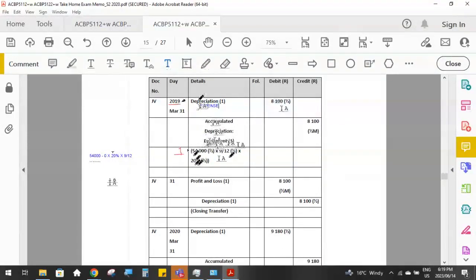And take note also, your accumulated depreciation account must include the name of the category of asset that you have depreciated. You can't just write accumulated depreciation, because we've only got one expense account for depreciation, but we have got many accumulated depreciation accounts. There's one for each category. So we've got ACDEP vehicles, ACDEP equipment, ACDEP plant, ACDEP buildings, etc.